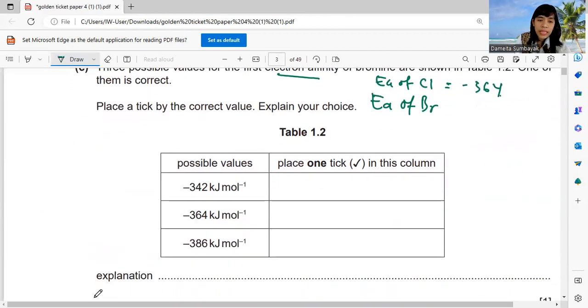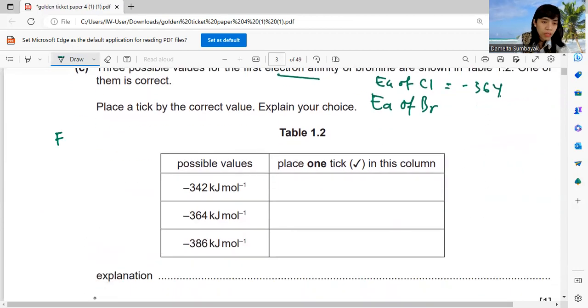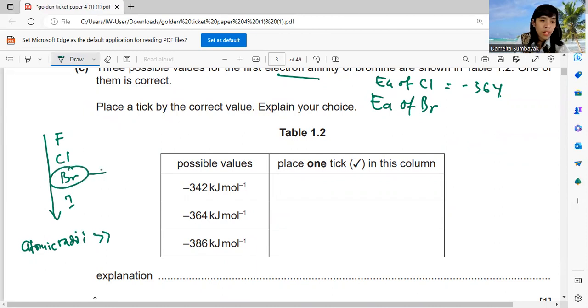As we know, in the periodic table of the halogens group, there are F, Cl, Br, and I. Down the group, the atomic radius increases, so the atomic radius of Br is bigger than Cl.